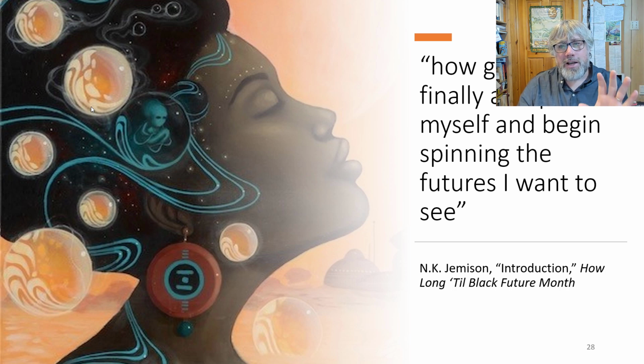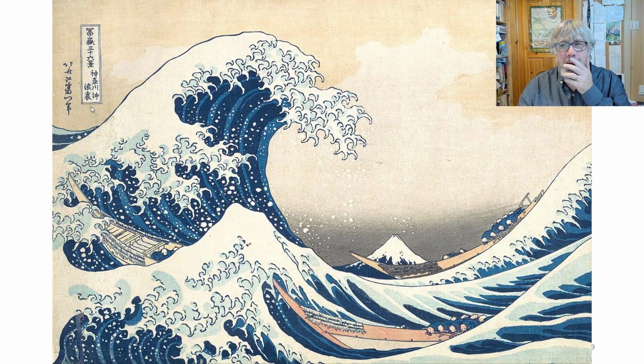Do you see how I do that? How gratifying to accept myself and begin spinning the futures I see. Notice the futures in her imagination. Okay. Same thing with this story. We can see that Hokusai is capturing the story of these fishermen who are caught in the waves. How big are these waves? Well, maybe they're a tsunami or not.